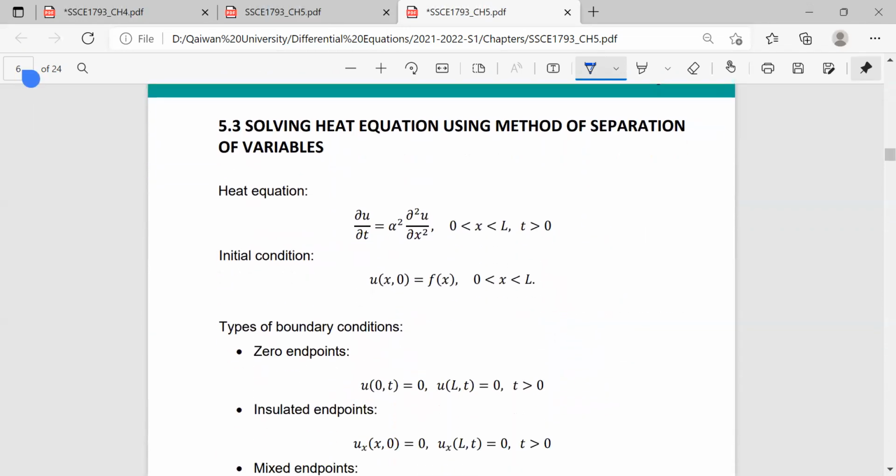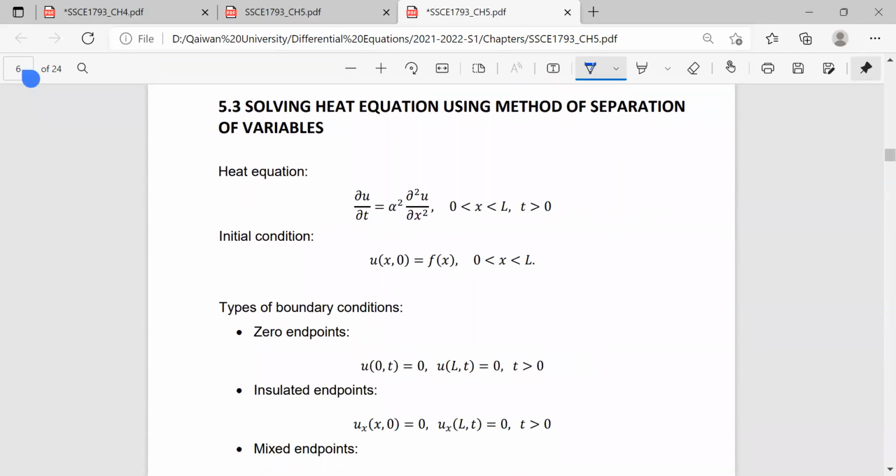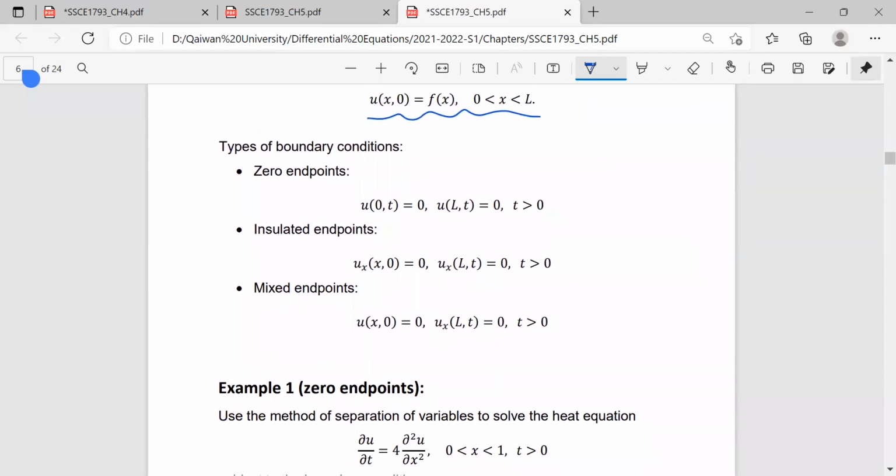We now have solving heat equations. This is the heat equation, and these are the initial conditions. Here we have three types of heat equations, which are zero endpoints, insulated endpoints, and mixed endpoints. The boundary conditions decide on the type.